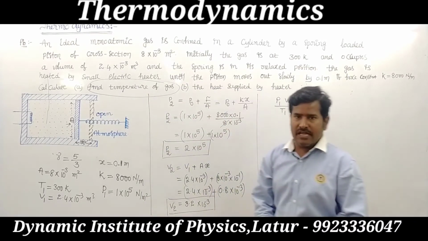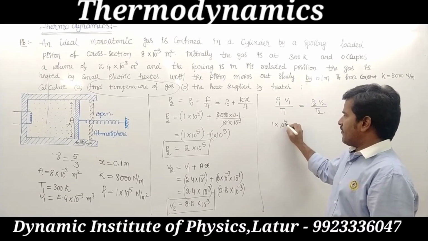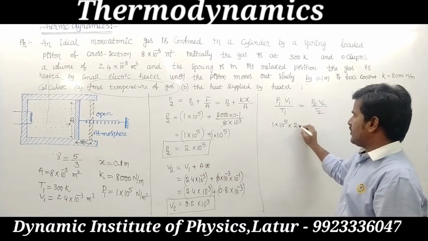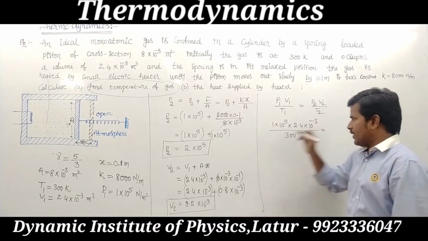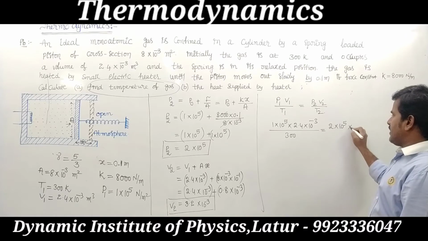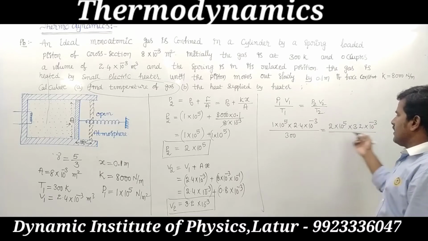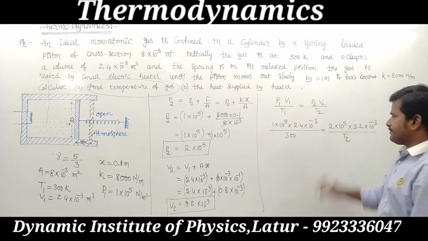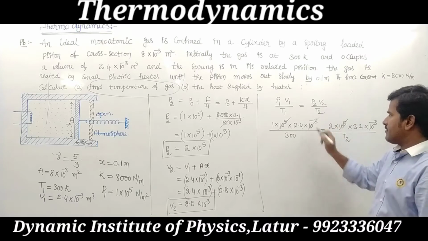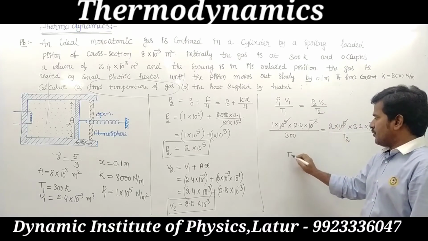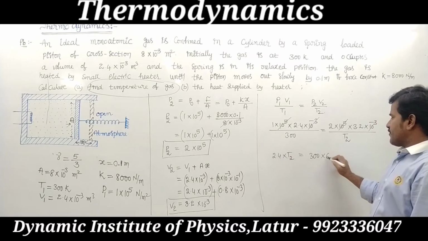So 1 into 10 power 5 into 2.4 into 10 power minus 3 upon temperature 300 Kelvin equals P2, 2 into 10 power 5 Pascal, into volume 3.2 into 10 power minus 3 upon T2. The value is simplified, the 10 power 5 and 10 power minus 3 cancel. This gives T2 into 2.4 equals 300 into 6.4.